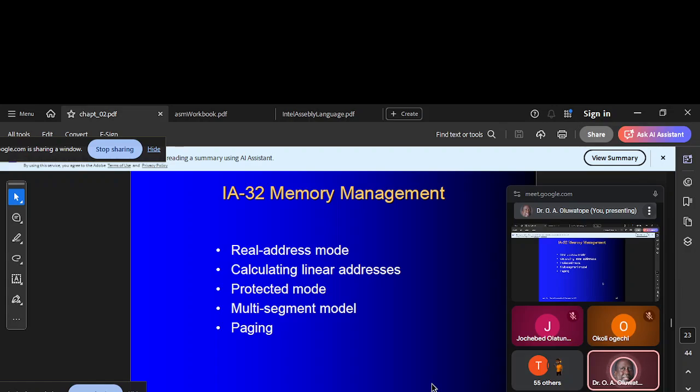So to answer your question, yes, that's the sequence: from the real address mode, very restricted, very buggy, to the protected or virtual mode that we have, that is 32 bit, which supports paging and all of the very sophisticated memory management.